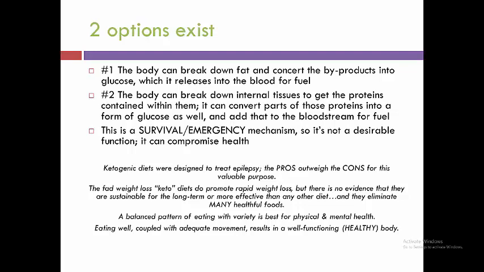However, no one has tested this dietary approach for the long term because no one's been able to sustain it for years on end. It just has a lot of drawbacks in how people will feel, how their body will function.